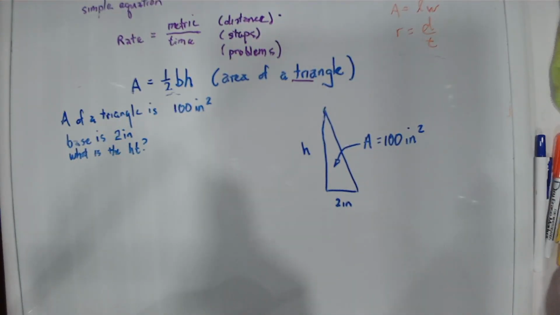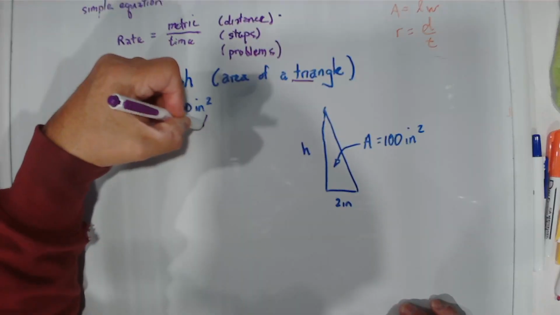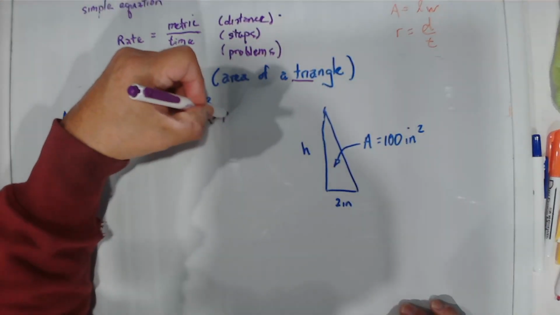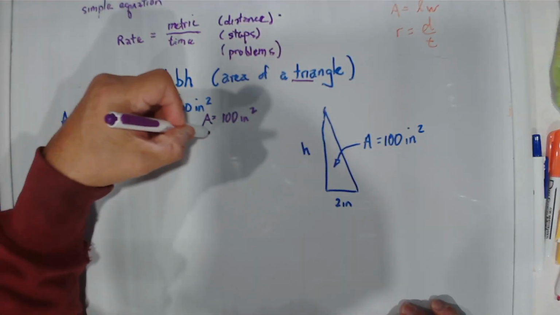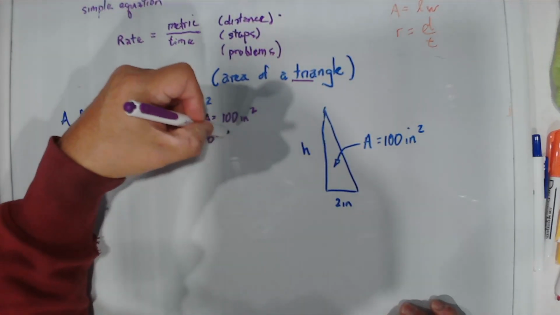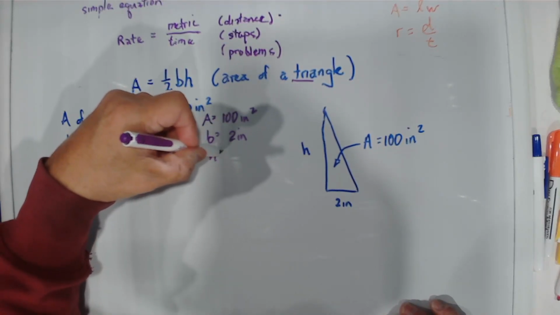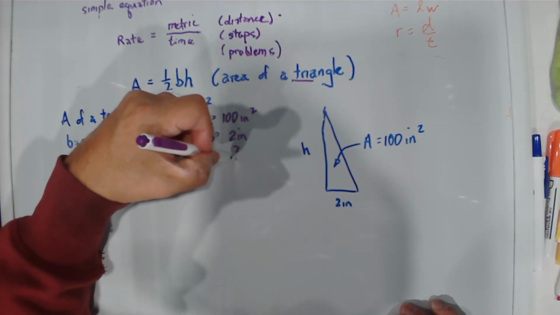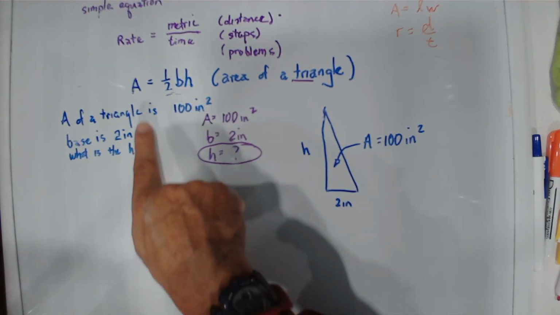Okay, so let's take a look and see what we have. We have A equals 100 inches squared. The base is equal to 2 inches, and we already know that the height is what we need to find. Okay, what's our equation?